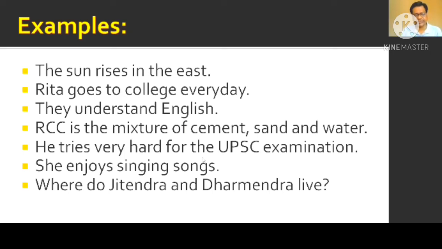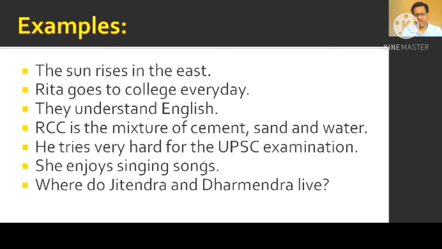See the subsequent sentence. She enjoys singing songs. Maybe she is a good singer, and whenever she sings a song, she enjoys it a lot. The third person singular number she functions as the subject of the sentence. To enjoy is the infinitive form of the verb enjoy. Enjoy is the base form.